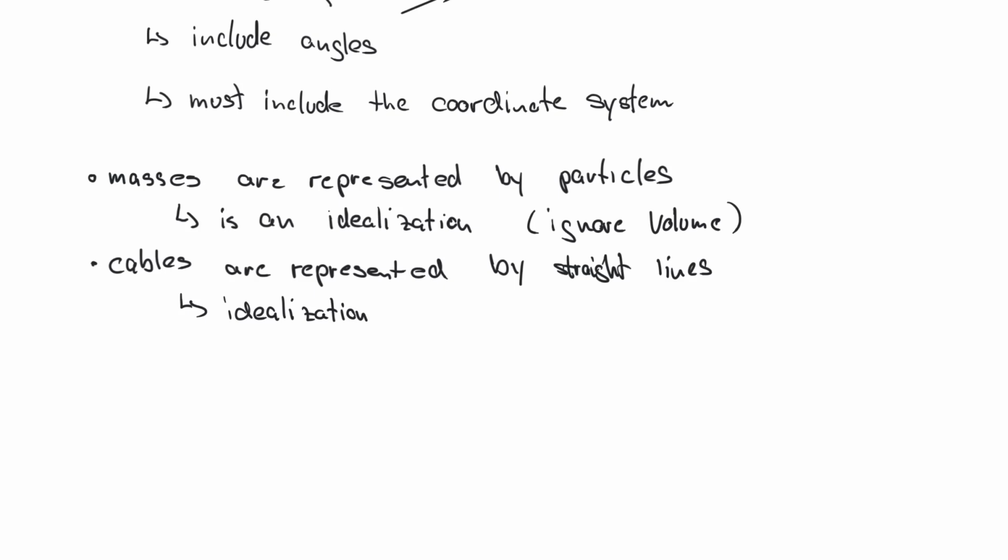In fact, that has something to do with Newton's third law, that you understand that the cable cannot be straight, because if the cable has weight, then it has to hang down. But that is something we don't worry about in this case. But let me very clearly state that cables can only be in tension and never in compression.